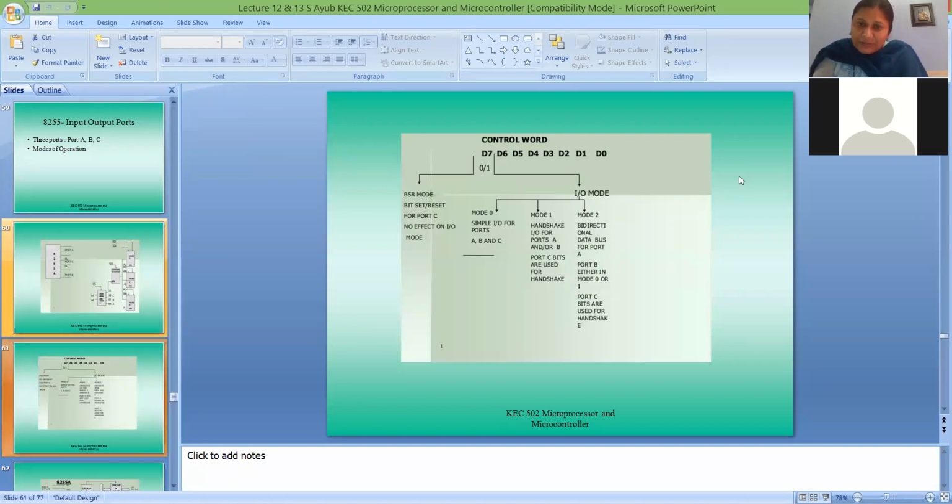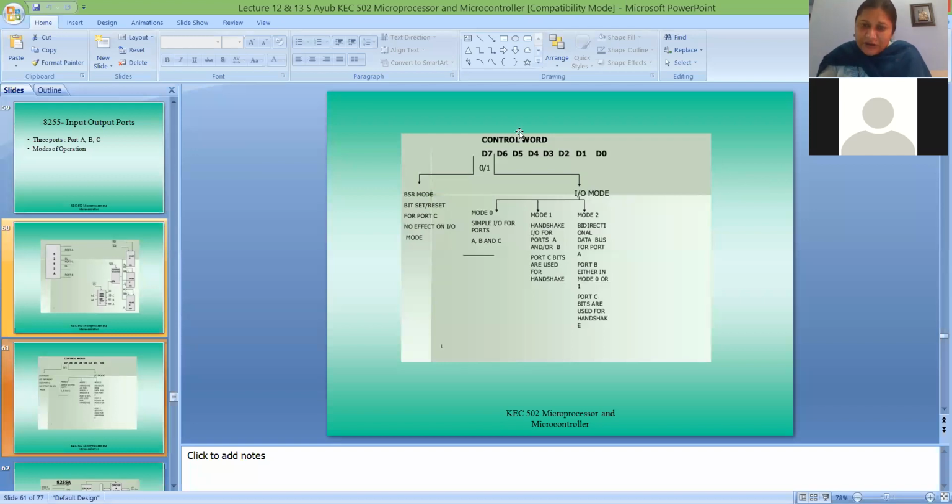So we were talking about modes. There should be some control word which tells you in which mode the 8255 is working, or indirectly whether port A is input or output, port B is input or output, port C lower is input or output, and port C upper is input or output.